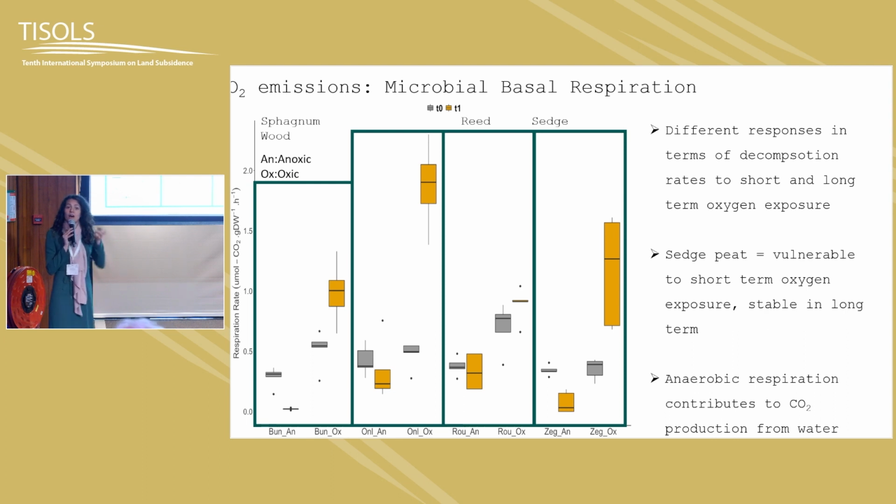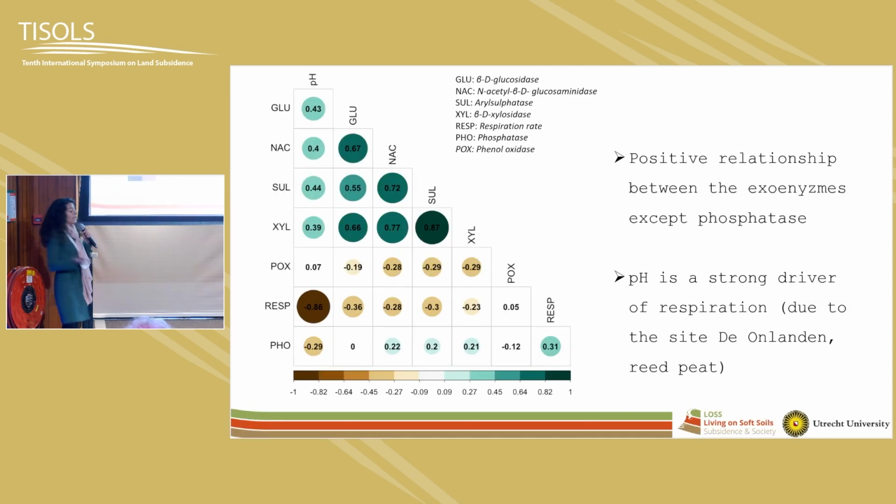What other environmental factors trigger these anoxic communities to get more active? Water chemistry could be one of them. I told you that I also checked some enzymes, to see whether they correlate with each other. Luckily, they do.